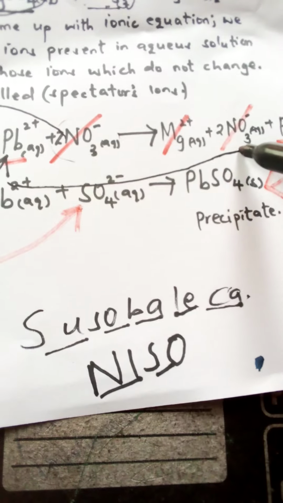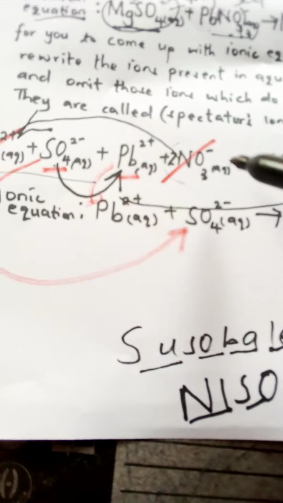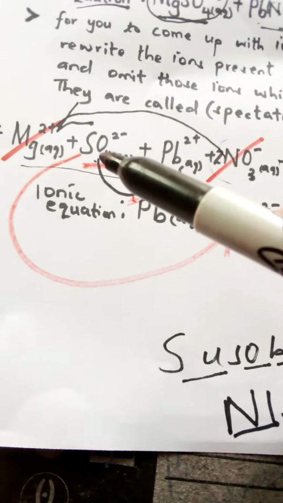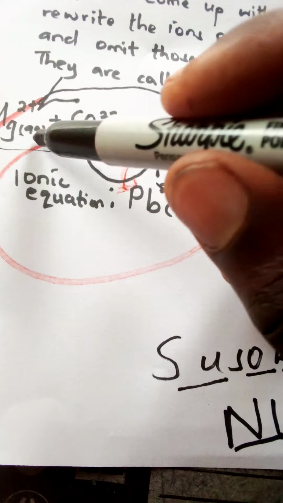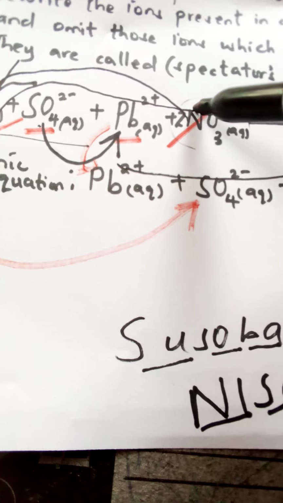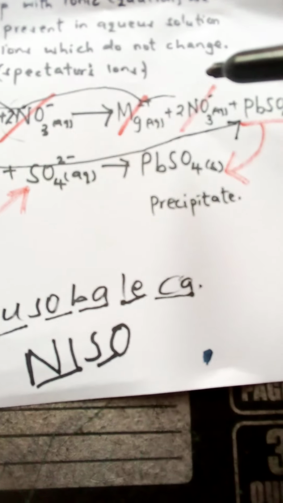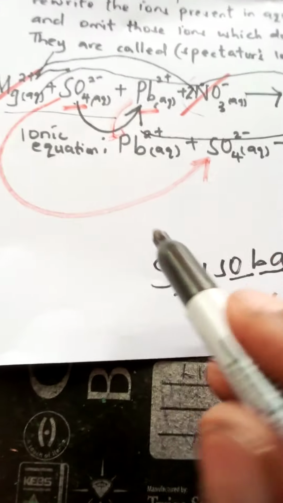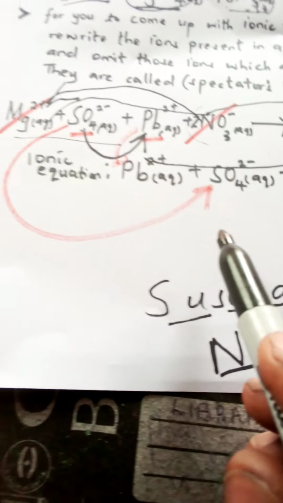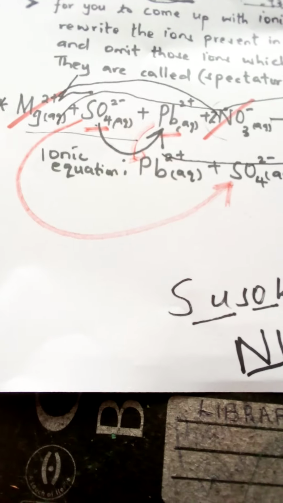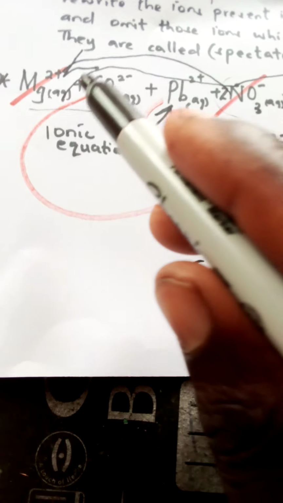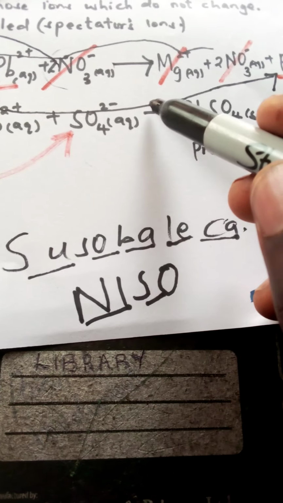This is a solid, that is lead sulfate. Then magnesium will react with nitrate ion to form magnesium nitrate. For you to come up with an ionic equation, we omit those ions which do not change. For example, magnesium is aqueous, so we cancel it out, as it is aqueous at the product side. Then nitrate, this is aqueous, this is aqueous.